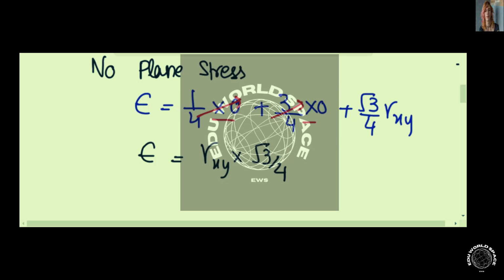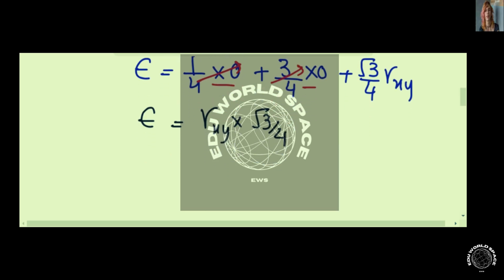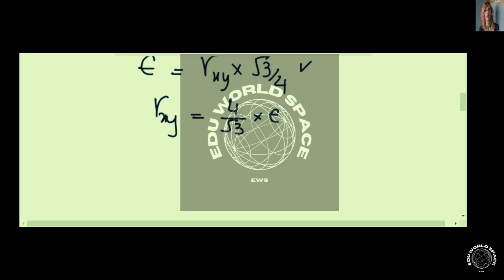Now we are going to rearrange this equation. So we have gamma sub xy equal to 4 divided by root 3 into the strain.